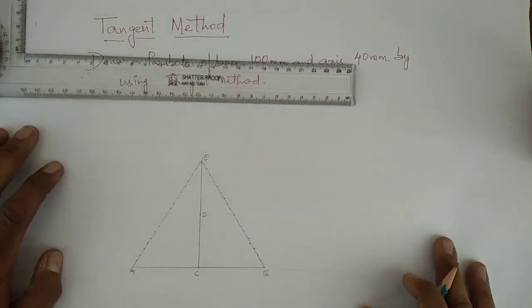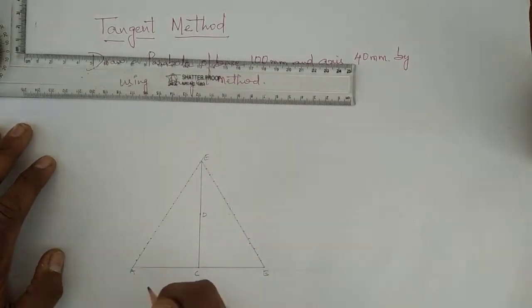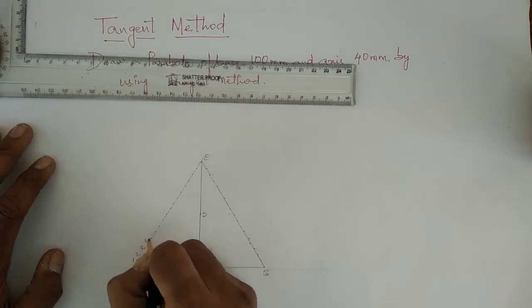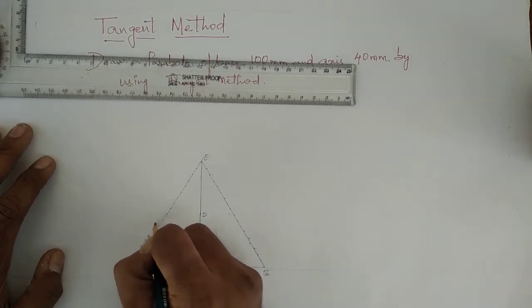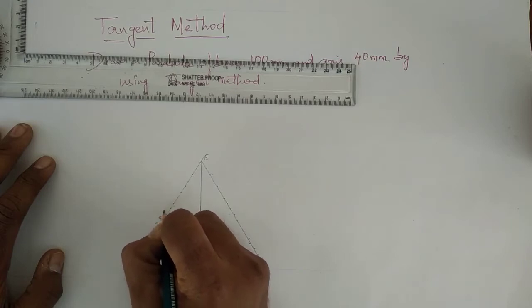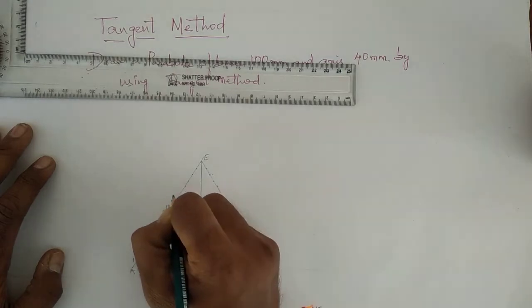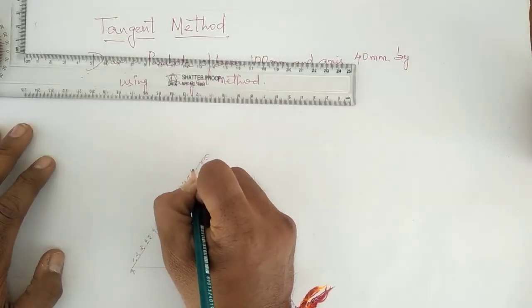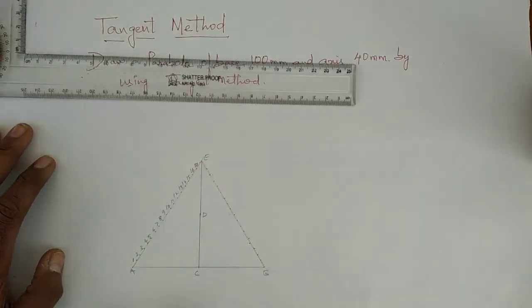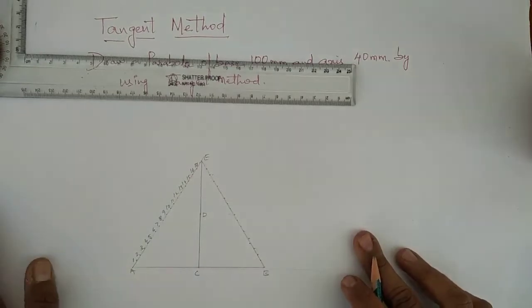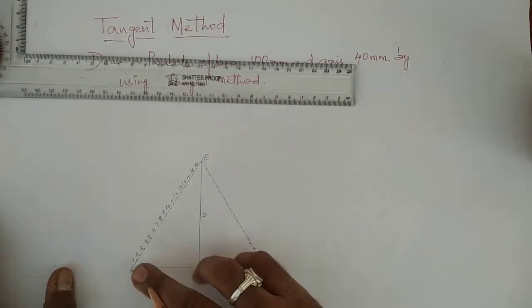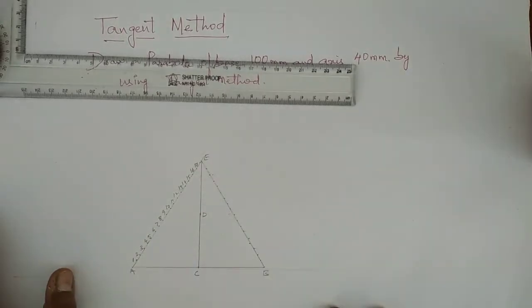Now, as I have made the equal number of divisions starting from the point A, I am giving the numbering as 1, 2, 3, 4, 5, 6, 7, 8, 9, 10, 11, 12, 13, 14, 15, 16, 17. I have made this 90 mm line into 18 parts, but the points we get are 17.